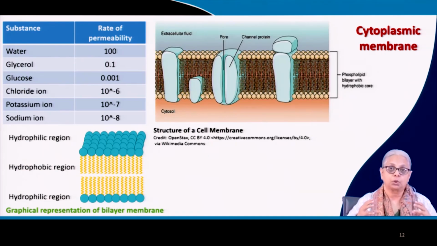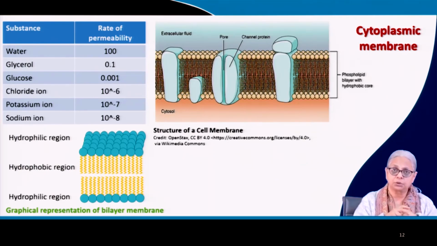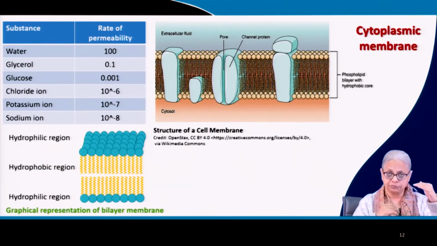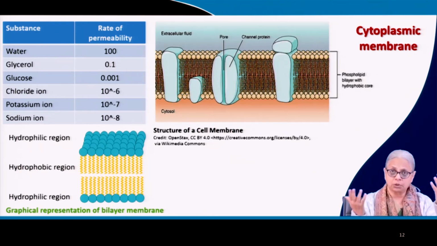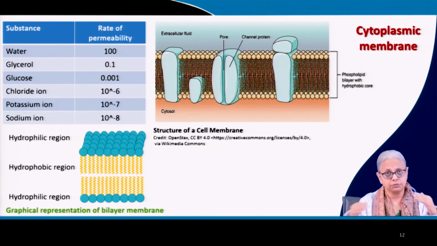It's literally like oil and water. What happens when you add a little bit of oil to water at room temperature? It will form a layer of oil at the top because oil and water don't mix. So oil is hydrophobic and water is water, so they don't mix and you get this layer. Now here we have similar compounds.